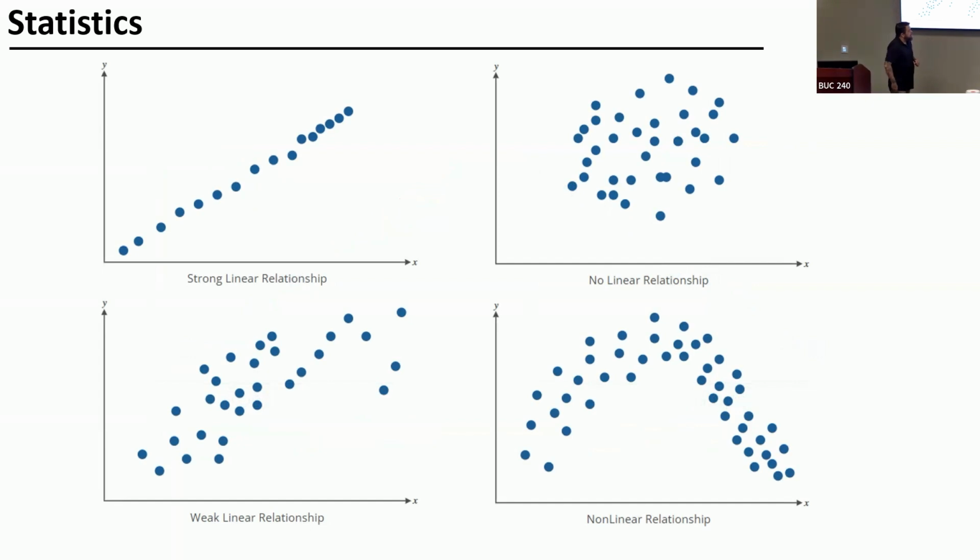Notice, here's a whole bunch of different types of data. Why would we call the upper left a strong relationship? Looks like a straight line. Exactly. It almost looks like a straight line. That's very important to remember shortly.